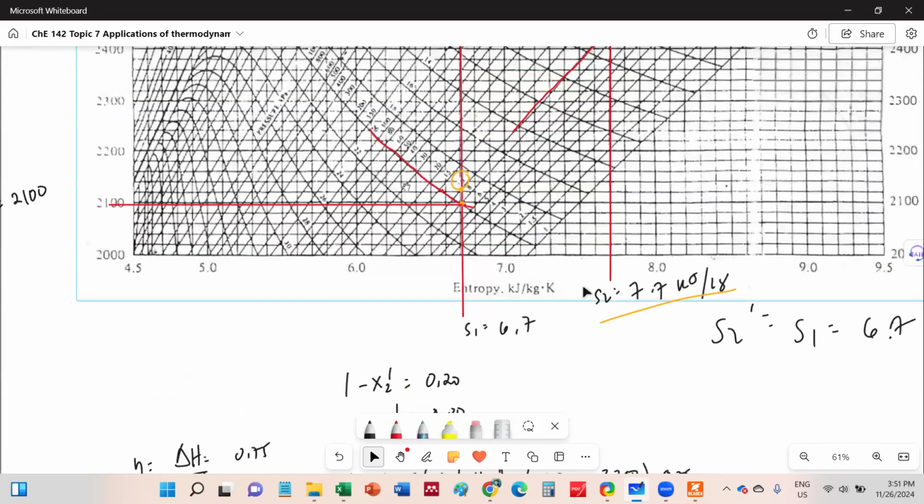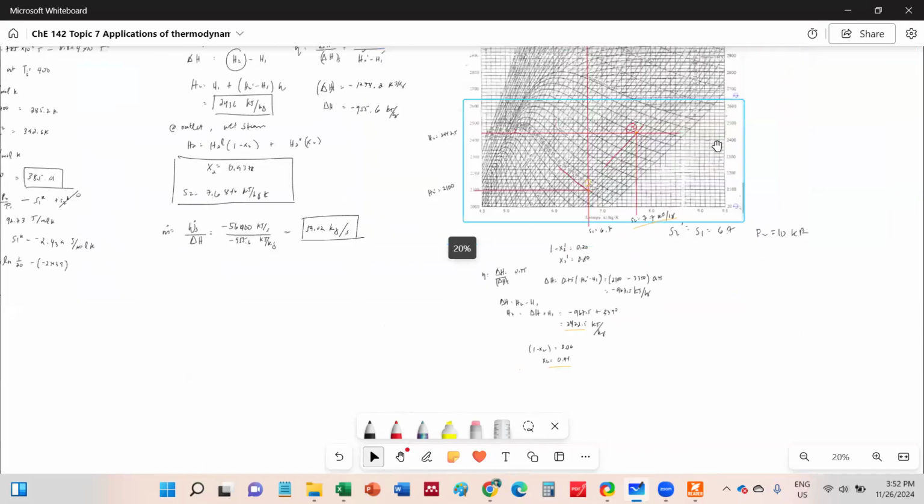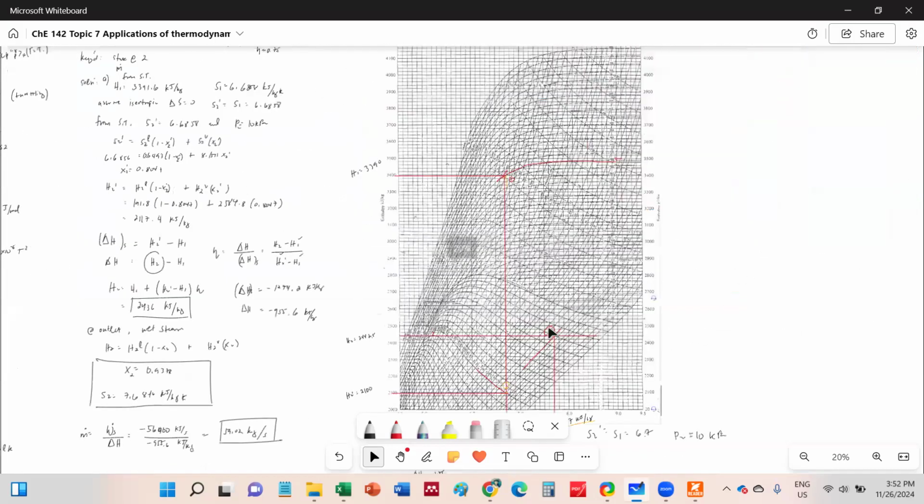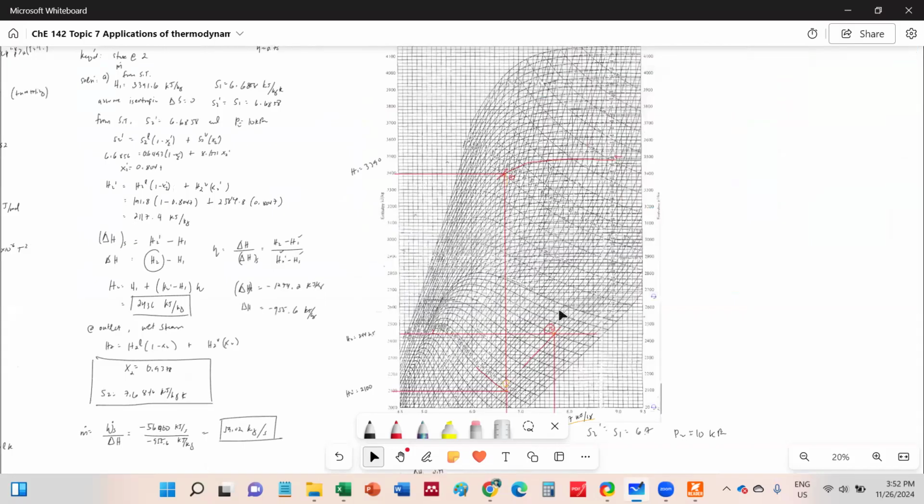For real processes, so not isentropic, we're talking about the real irreversible process. What is entropy? Entropy is increasing, entropy generation is greater than zero. That's why the outlet has a higher entropy than the inlet. So let me zoom out again so you can see this one, the outlet has a higher entropy than the inlet.